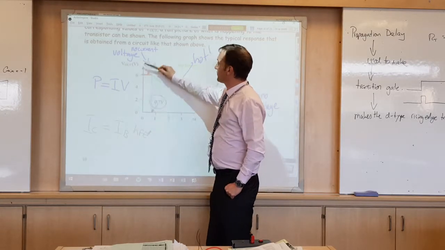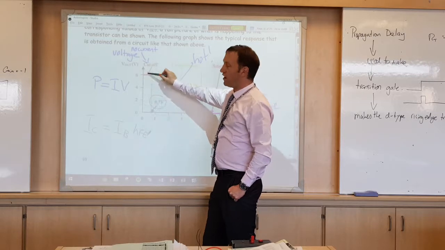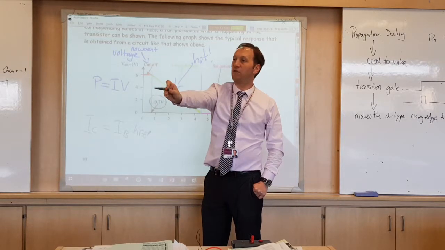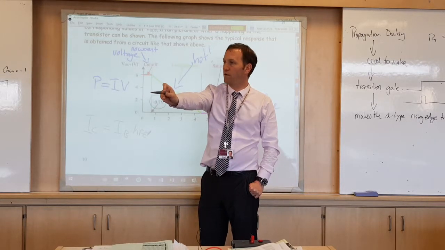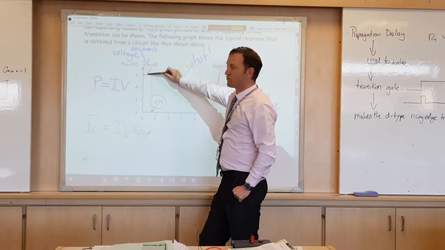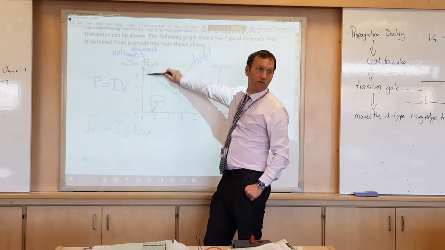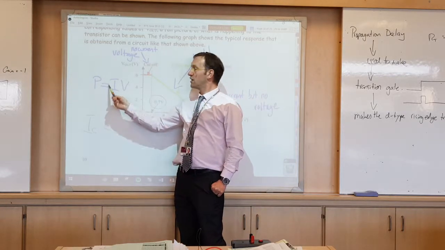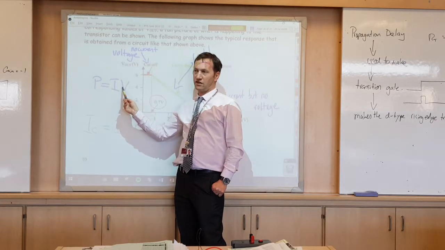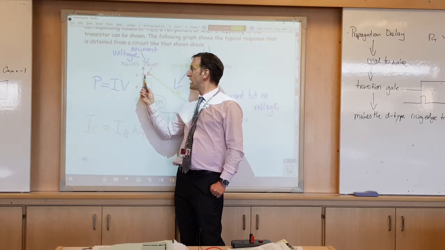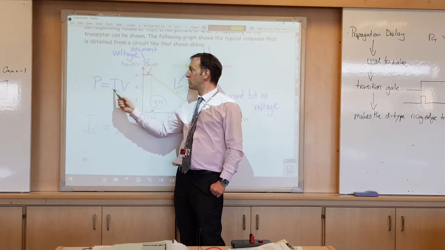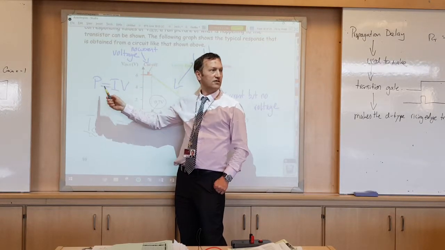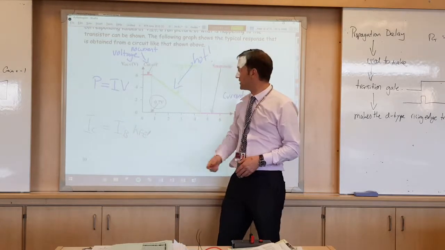Down here, the transistor doesn't get hot, because there's no current flowing. There's a high voltage across the transistor, but there's no current. For power, you multiply current times voltage, don't you? You need both. So here we've got a high voltage but 0 current. P is 0, so no heat is produced in the transistor.